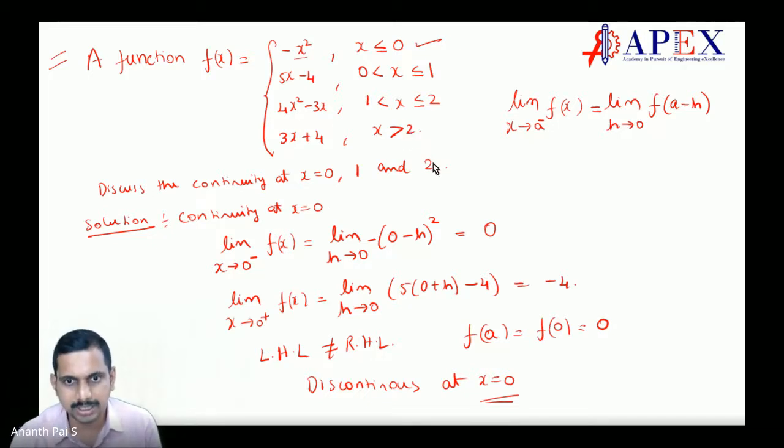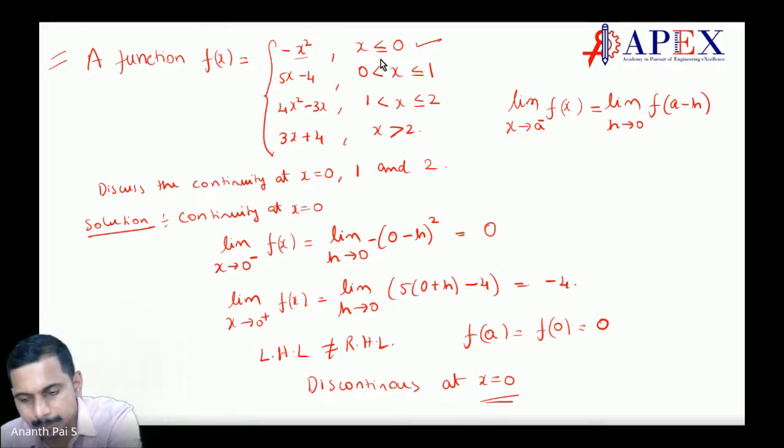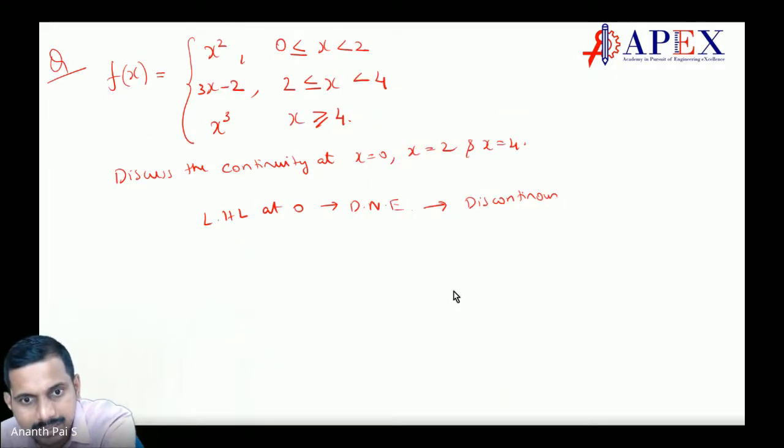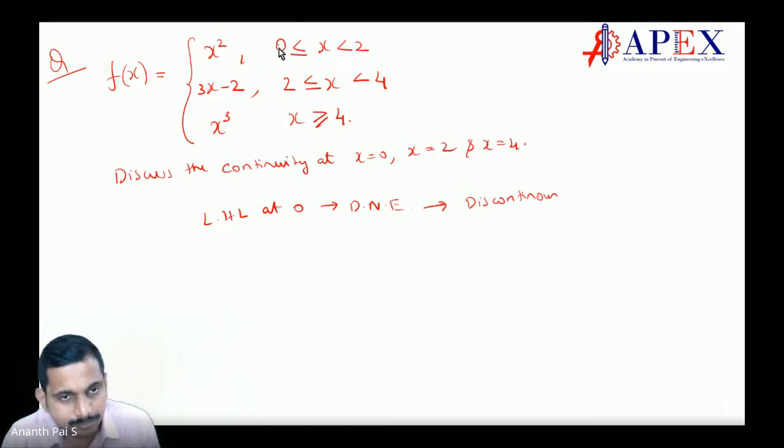At 0, the function is not defined on the left hand side. When it is less than 0, it is not defined, correct? Yes, sir. So the limit does not exist, so that's why it is discontinuous.